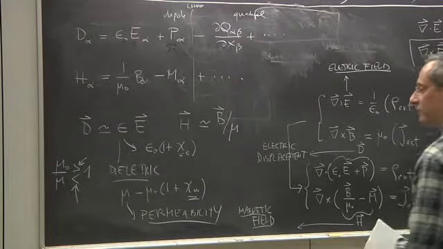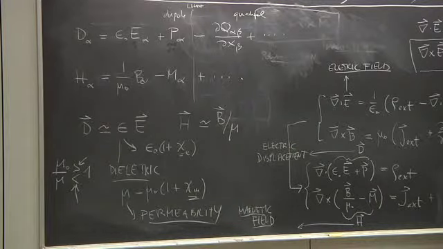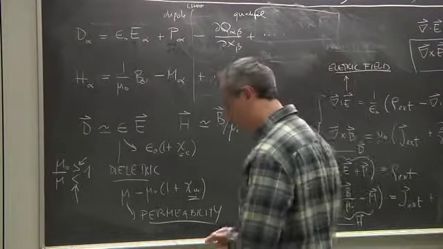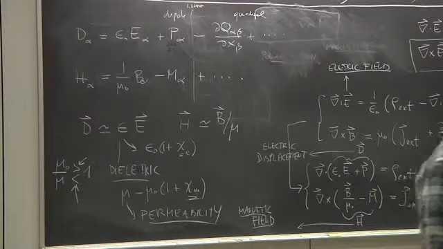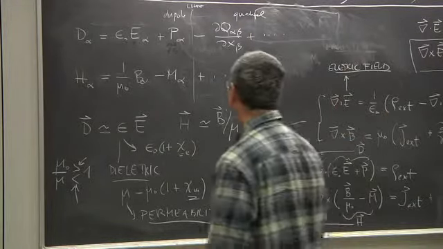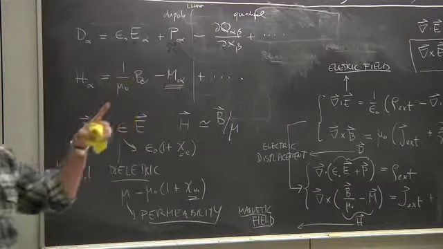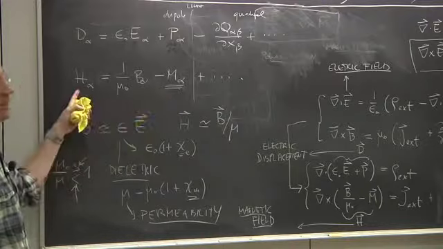Actually, there is also something that is called ferromagnetics. This is even more interesting, and for those of you who will go on into solid-state physics, that will become very important. So what is a ferromagnetic material? Well, that's essentially a material for which this M, the magnetization, is there no matter what.